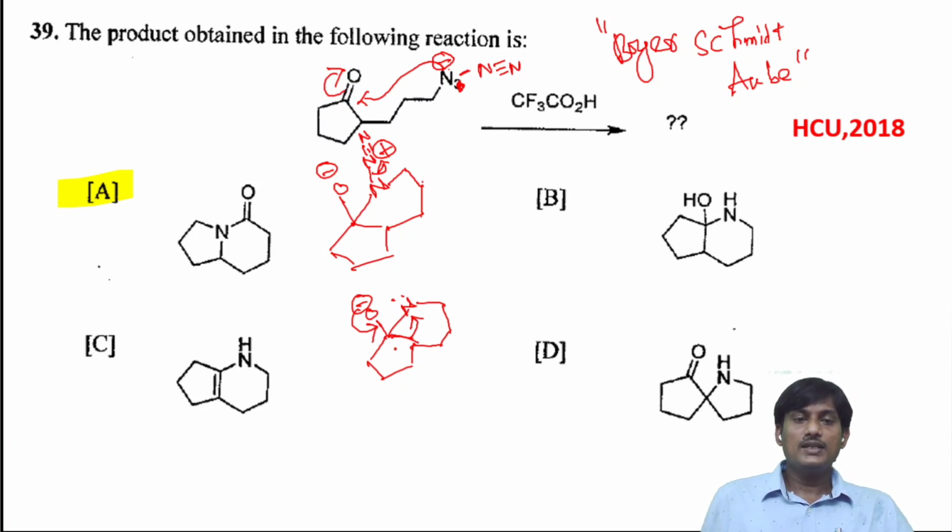So you will get C double bond O, the ring has 6 atoms, and this one has 5. So finally you will get this compound. When there is a rearrangement of this C-C bond towards nitrogen, there is a formation of a bond between this carbon and this nitrogen, and here you will get this product.